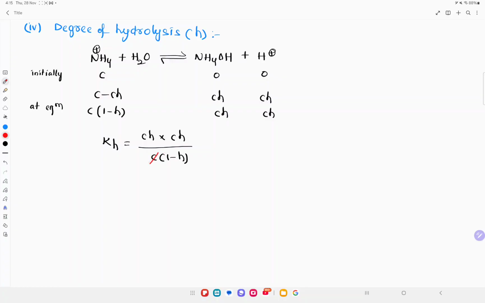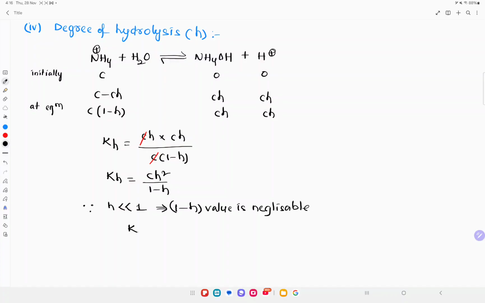Similar to the degree of dissociation alpha. And Kh is equal to what? Kh is equal to Ch square by 1 minus h. Since h, the degree of hydrolysis, is very small, less than 1, the 1 minus h value is negligible in the denominator.